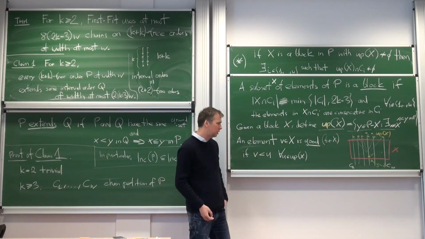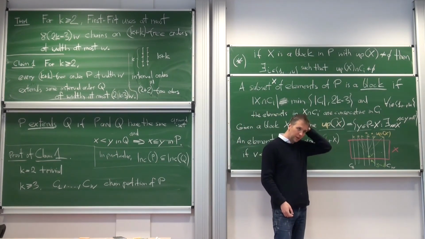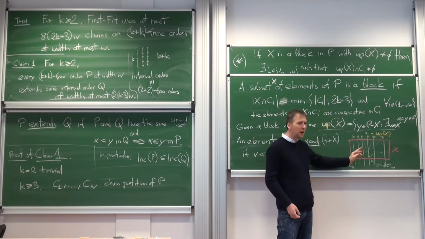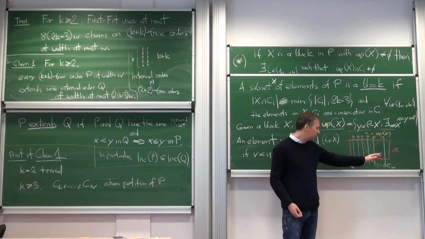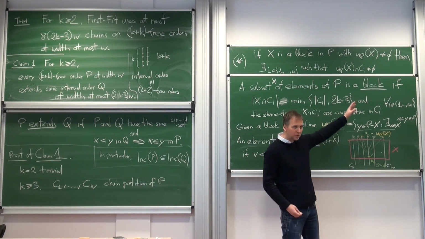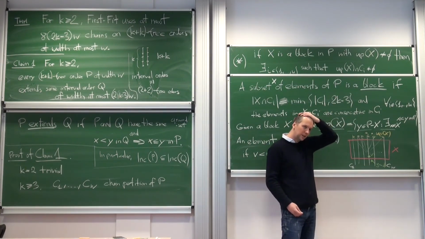Now given a block, we can look at the elements that are above this block. Those are the elements that are outside it, and yet they are above at least one element in the block. So when you see the chains cut here, you take all the elements in the parts cut above.